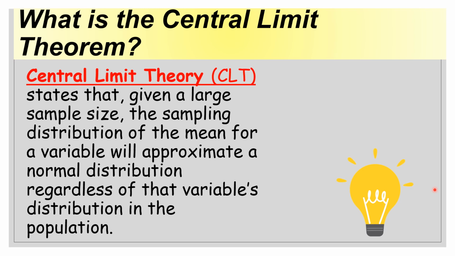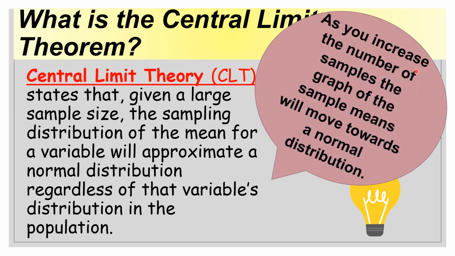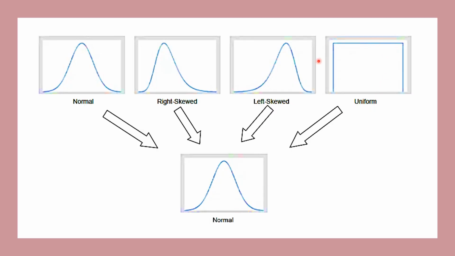Kung napansin nyo sa pinakita nating figure kanina, mas lumalaki yung sample size na kinukuha natin from the population, mas nag-a-approach siya sa normal distribution. As you increase the number of samples, the graph of the sample mean will move towards a normal distribution. Ito yung itsura kanina, uniform, no? Uniform yung itsura nung out of 15 members, kumuha lang tayo ng isang sample size.